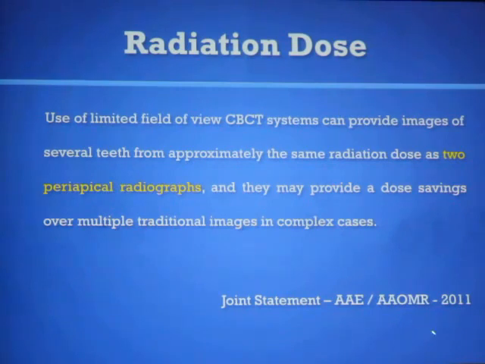There is a joint statement not so long ago by the American Association of Endodontists that with a limited field of view conebeam CT, meaning a smaller area exposed, not the whole skull, but maybe a 4 cm by 4 cm area, the radiation dose is as much as 2 periapical radiographs, and it really helps lower the radiation dose for more complex cases.